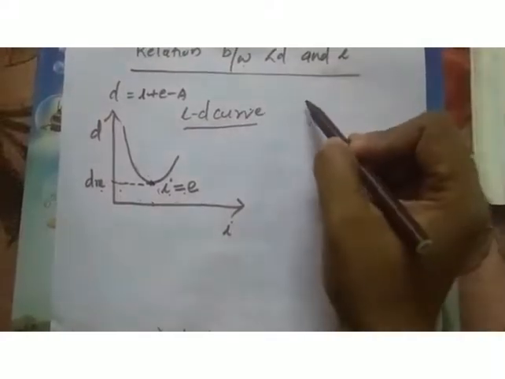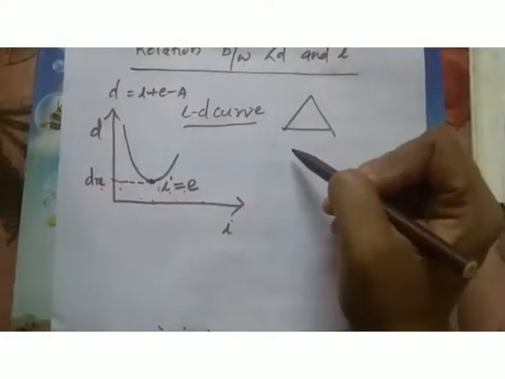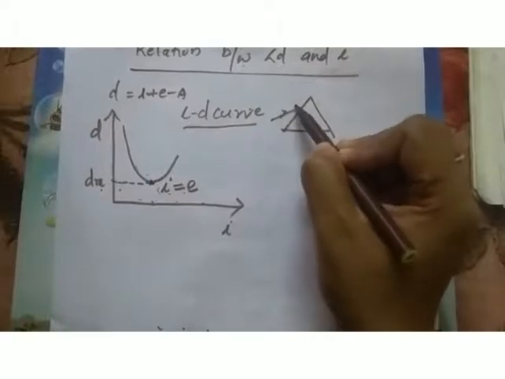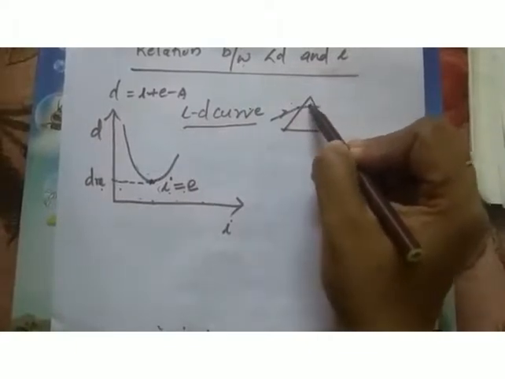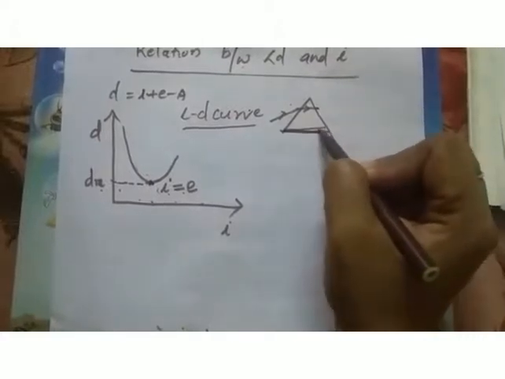Also, at the angle of minimum deviation, the refracted ray will be parallel to the base of the prism. See, as we discussed, this is the incident ray and this is the refracted ray, and this refracted ray is parallel to the base at the minimum deviation position.